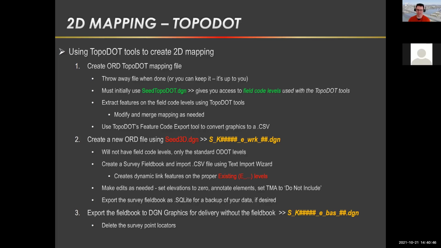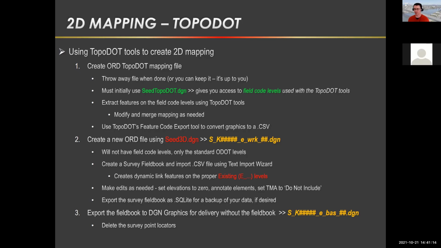And there's really just 3 main steps for 2D mapping using TopoDOT. And in each step, you will need to create a new DGN file if the project is in ProjectWise. And hopefully you'll see why as we go through this. So the first file and step is to use the TopoDOT seed file and create what I'm calling a mapping working file.